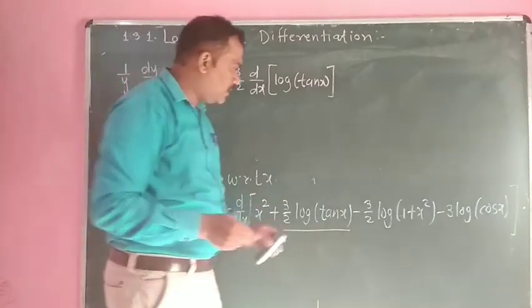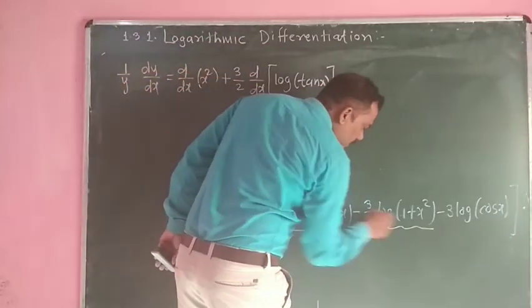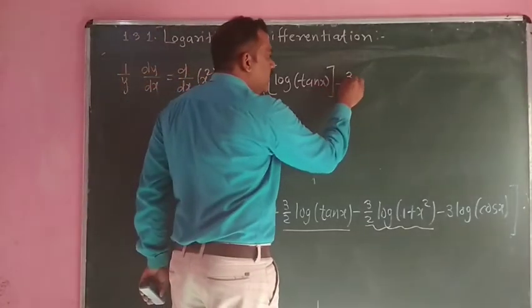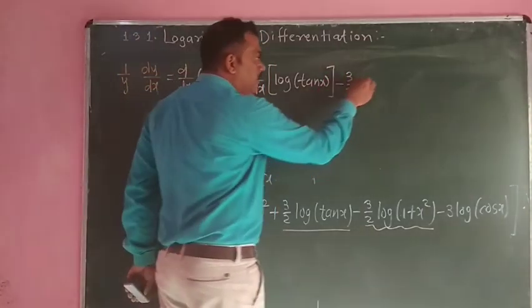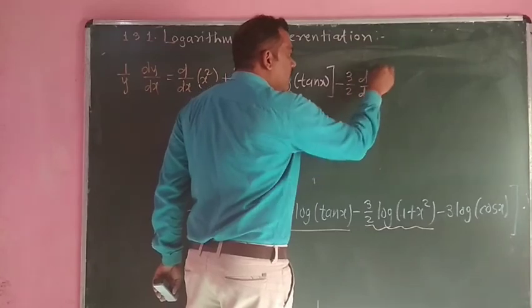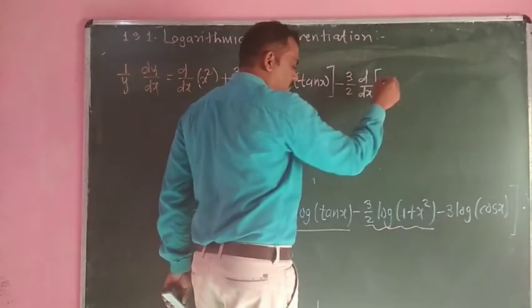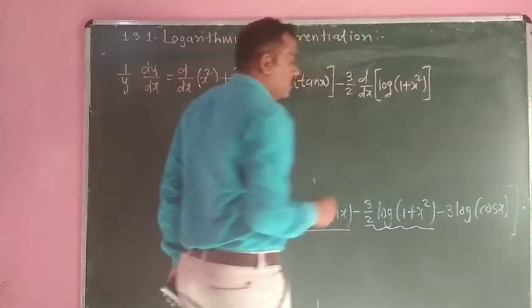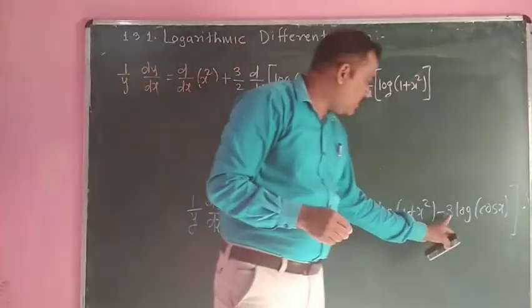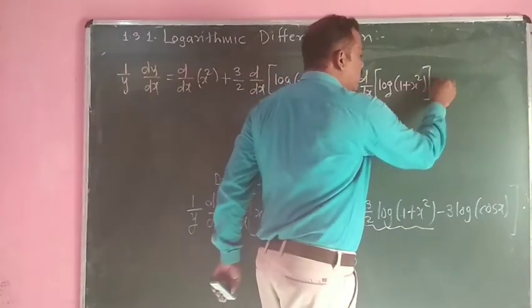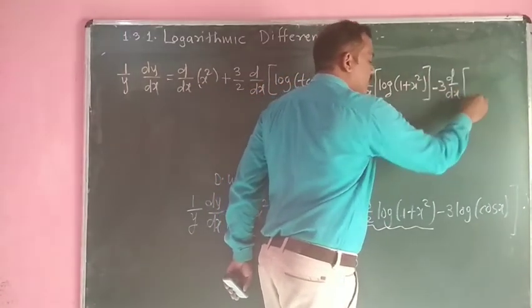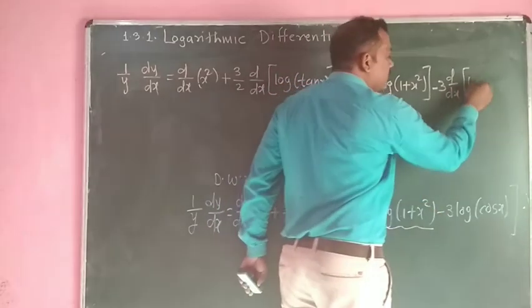Now, minus 3 by 2 is a constant, so we take it outside: minus 3 by 2 into d dx of log of 1 plus x square. The last one, minus 3 is a constant, we take it outside: minus 3 into d dx of log of cos x.